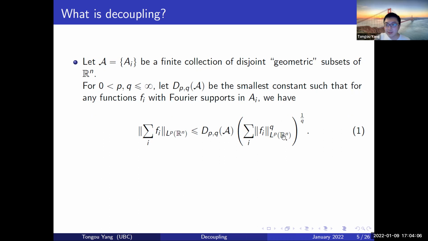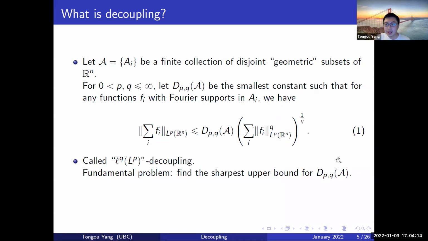And on the right-hand side, this is the little l^q norm of the capital L^p norms of the functions f_i. Because of this reason, an inequality of this form is called l^q L^p decoupling. And the fundamental problem of decoupling is to find the sharpest upper bound for the decoupling constant we have just defined.